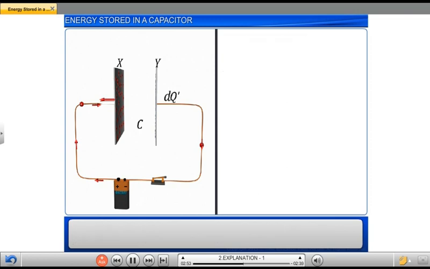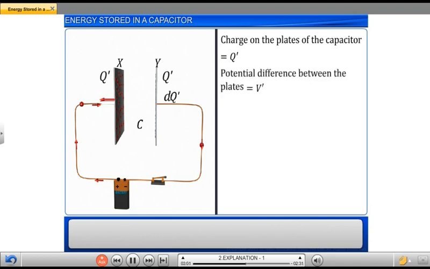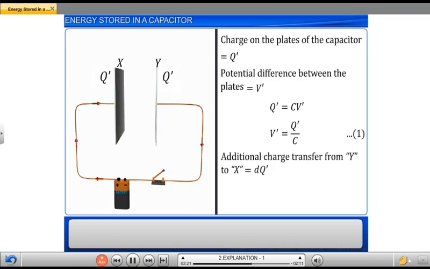Now, let us consider a state of the capacitor where the charge on the plates of the capacitor is Q' and the potential difference between the plates of the capacitor is V'. Then, Q' is equal to CV' or V' is equal to Q'/C. Let this be equation 1. Now let us transfer the next additional charge plus dq' to the plate X of the capacitor from the plate Y and let the work done in the process be dW.